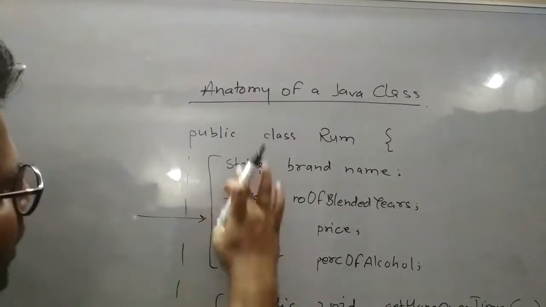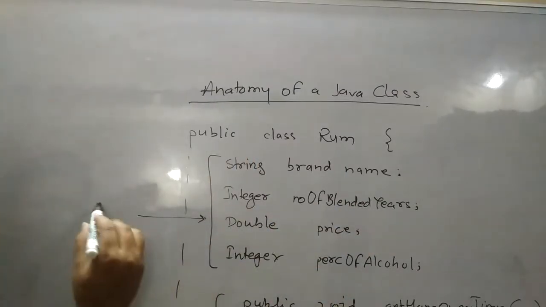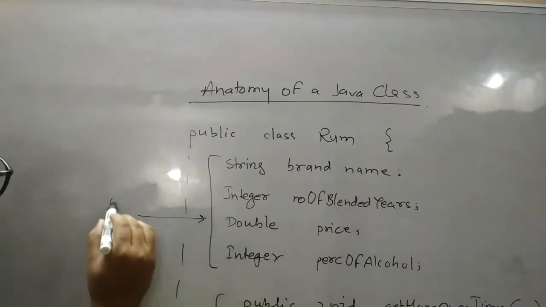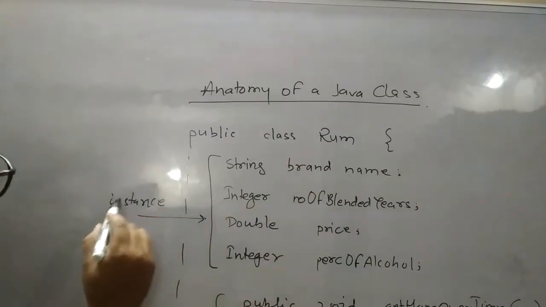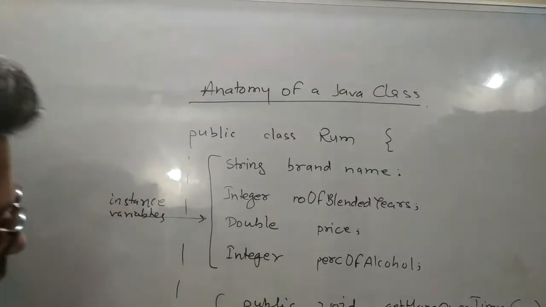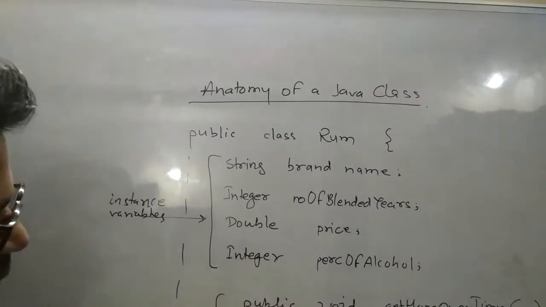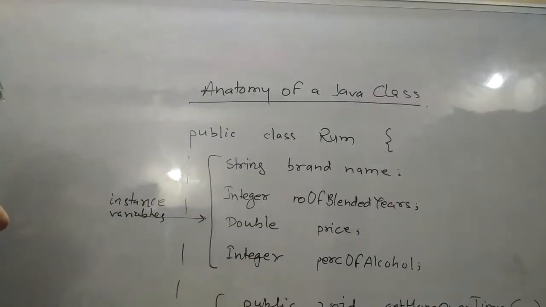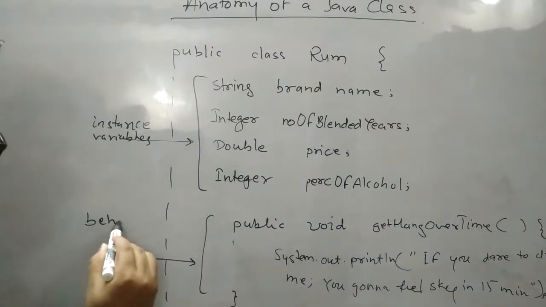These represent the state of our rum object. These are instance variables, these are fields. And this method getHangoverTime represents the behavior of the object.